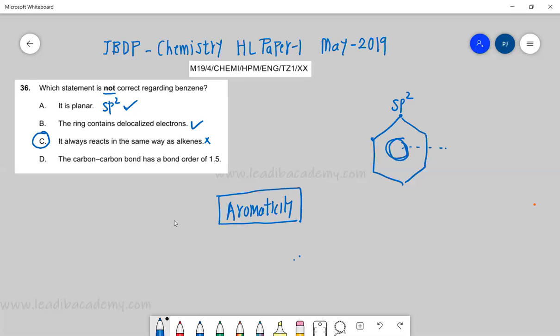And the carbon-carbon bond has a bond order of 1.5. Yes, the reason being that the actual structure is something like this. That means it is neither a double bond nor a single bond. The true structure, or resonance structure, of benzene is like this. Even though sometimes the benzene structure is shown like this, that is not correct because it can exist even like this.